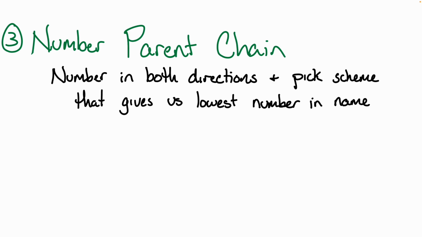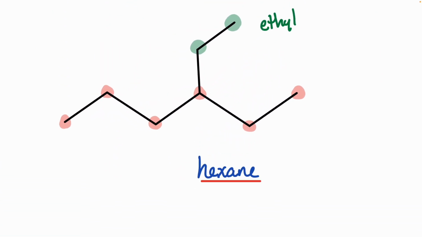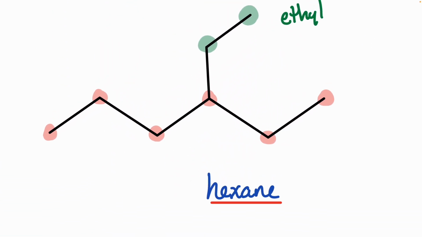Okay, so we're going to number in both directions. We're going to look at it, and we're going to pick the numbering scheme that will give us the lowest number in our name. All right, so if we're going to go to our example here, I'm going to number from left to right, 1, 2, 3, 4, 5, 6, and then I'm going to number the other way as well, from right to left, 1, 2, 3, 4, 5, 6.